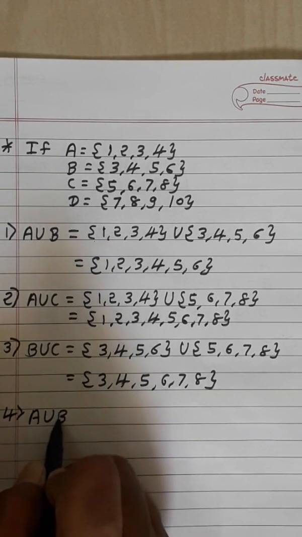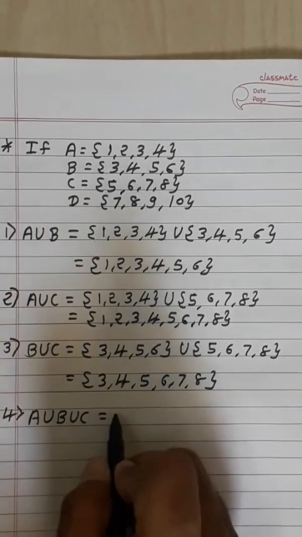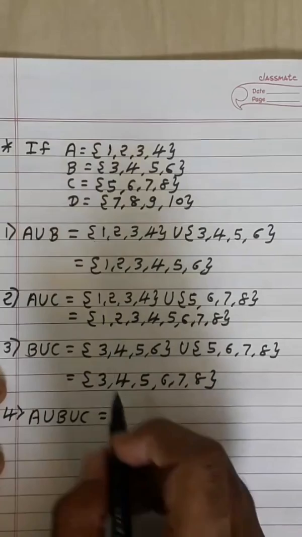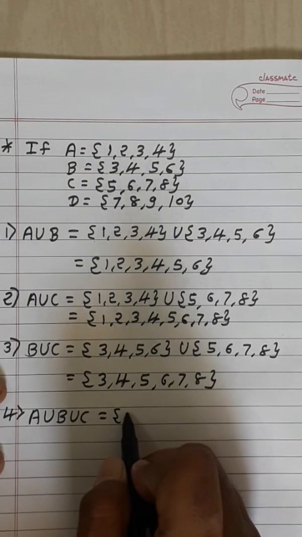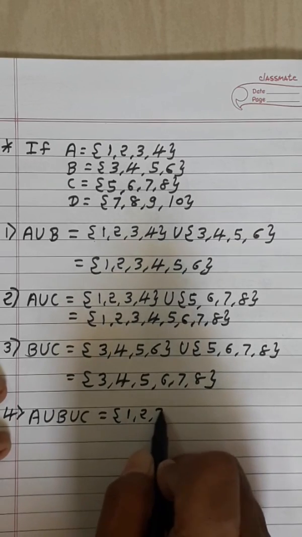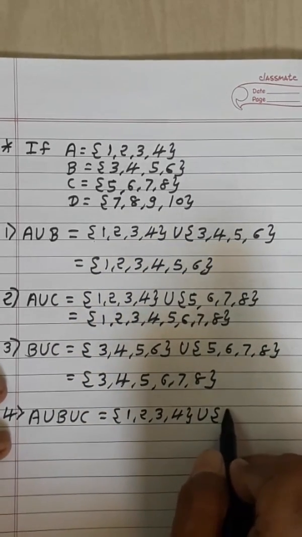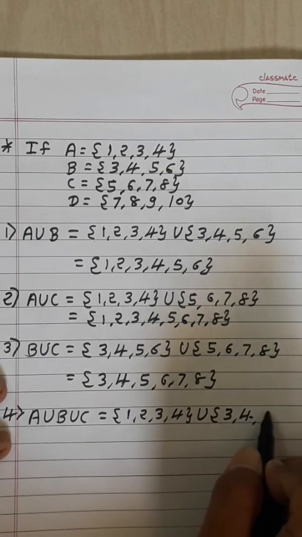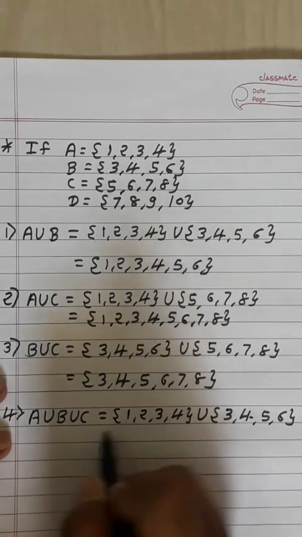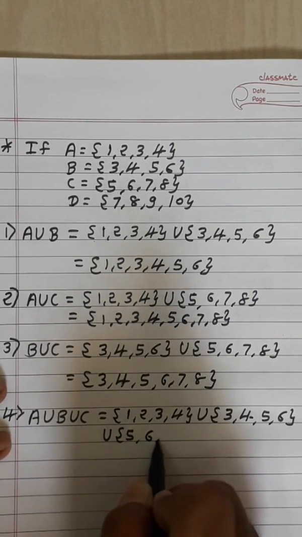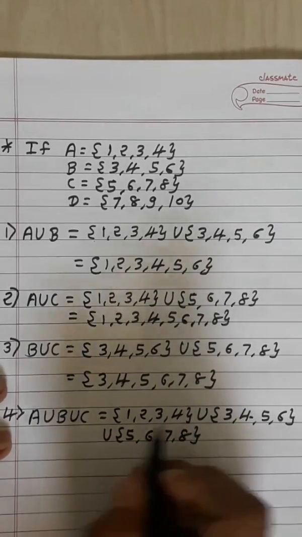Next one, A union B union C. A union B union C, that means first of all write the elements of set A: 1, 2, 3, 4, union set B, that means 3, 4, 5, 6, union set C, that means 5, 6, 7, 8.